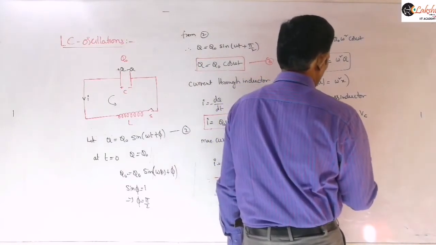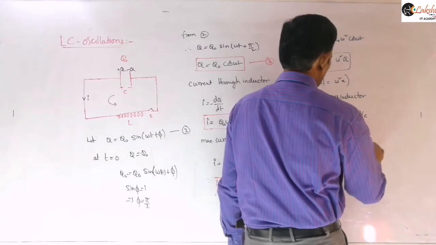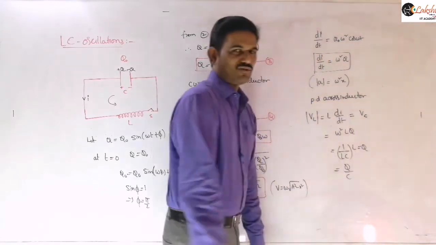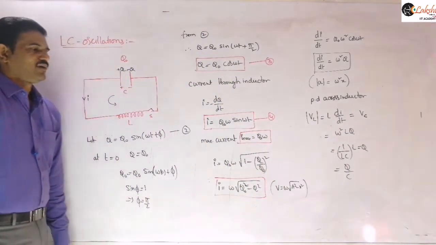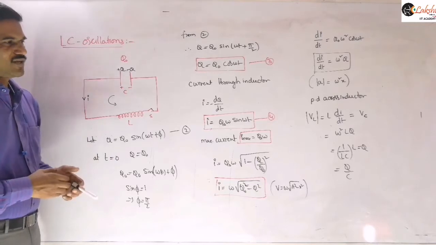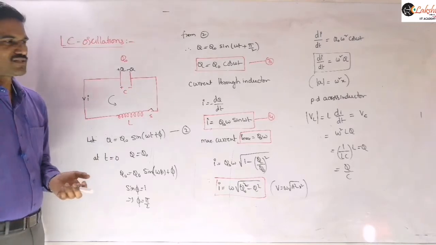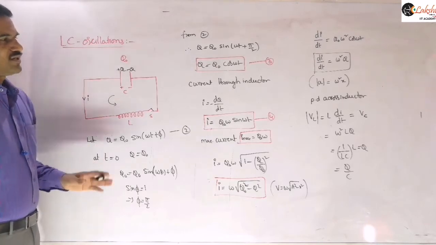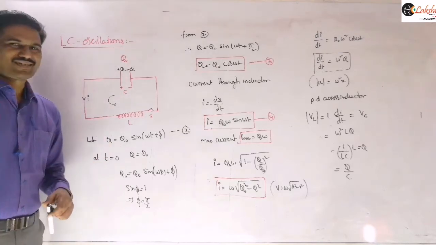This is 1 by LC into L into Q, so finally you can express this as Q by C. So the magnitudes of potential difference across the capacitor and the inductor are numerically the same. These are the different parameters related to LC oscillations.